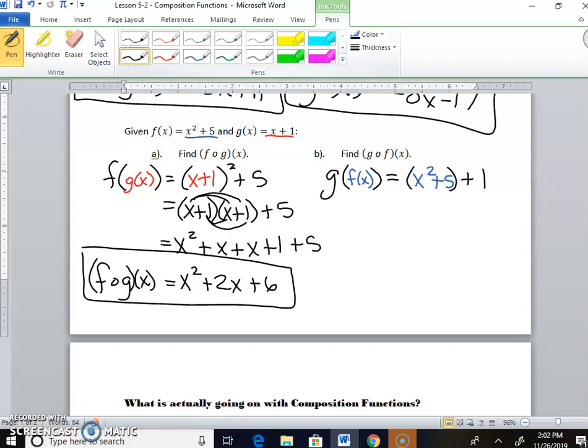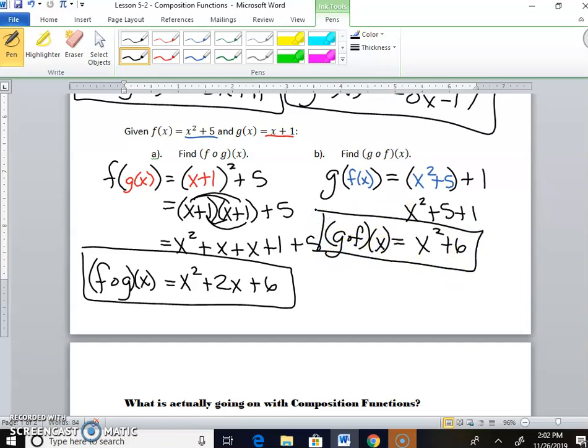Now, there's nothing around these parentheses, nothing in front, behind, nothing that I need to distribute or anything. So really the parentheses don't matter. This is just an x squared plus 5 plus 1, which simplifies to an x squared plus 6. So g open circle f of x equals x squared plus 6. Okay, and that's your basic thing with your composition functions.